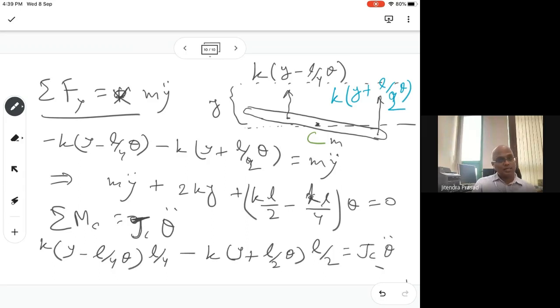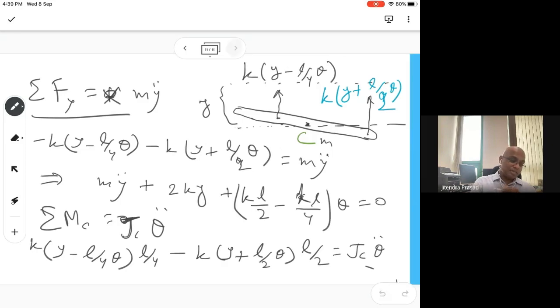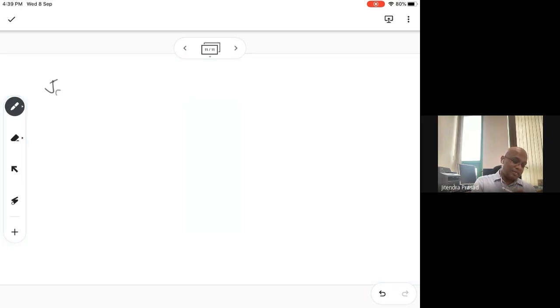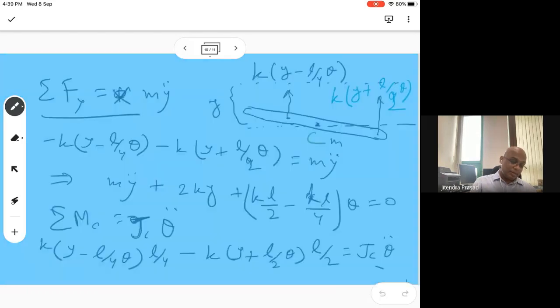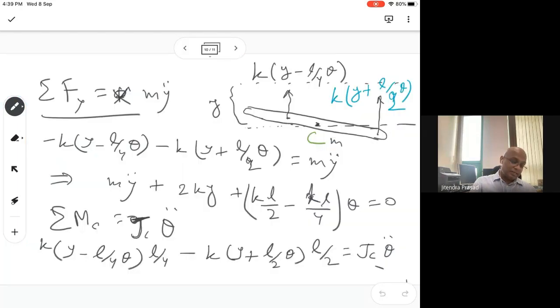So this is the second equation, and we can write it in final form. The second equation will be JC theta double dot. Here if you look, this is ky and this is minus ky, so they cancel out automatically.